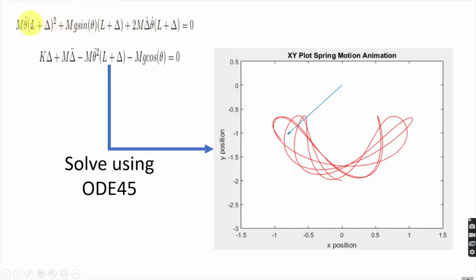We note that theta double dot is second order and del double dot is second order, and then we have dels and thetas and mass and lengths and gravitational constants. The other video describes exactly how to get to this point, so I'll leave a link for the first part in the description below.